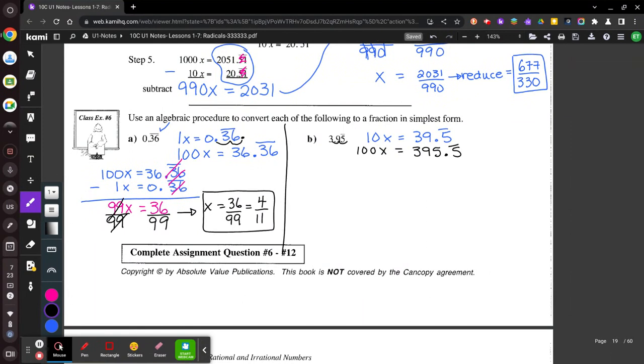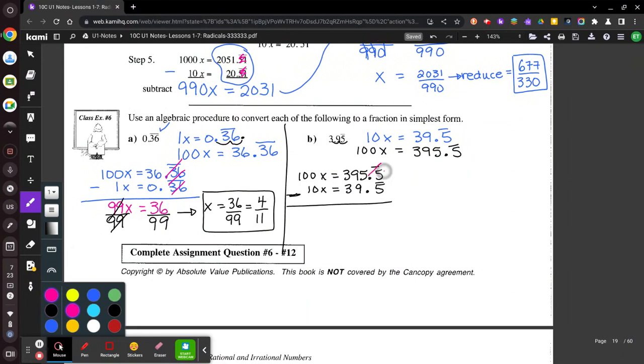So I'm going to have 100x equals 395.5 repeating, subtracting 10x's, that equals 39.5 repeating. So again, when we're subtracting, these repeating decimals will disappear. Now I'm going to get 90x is equal to 356.